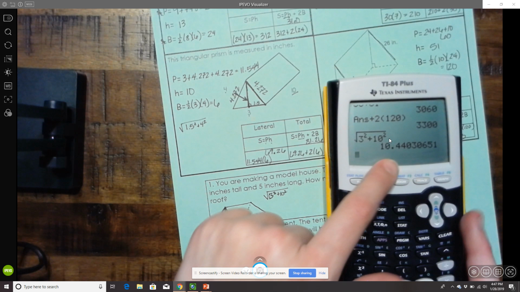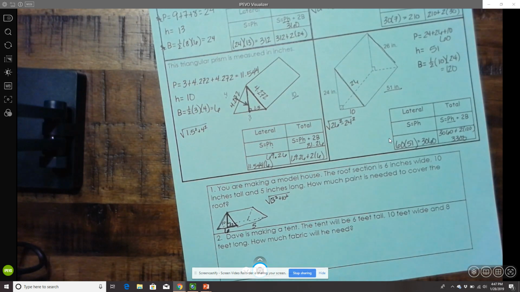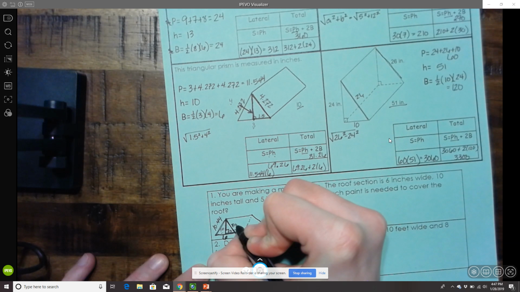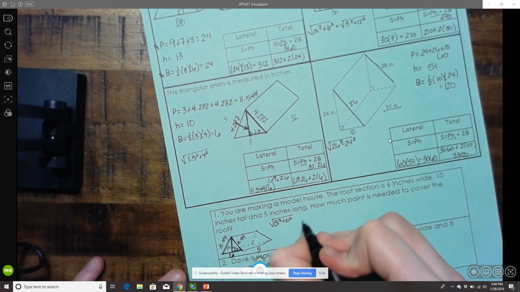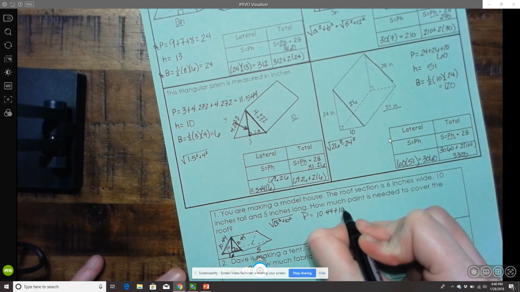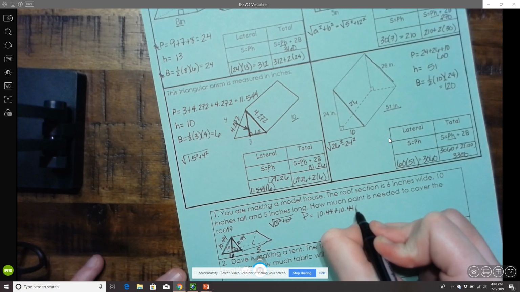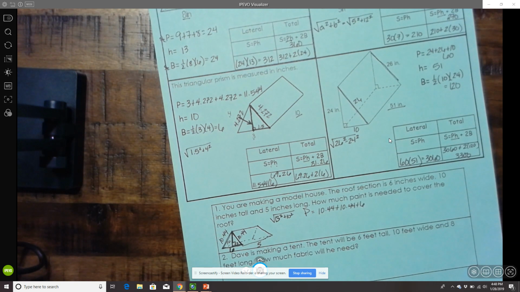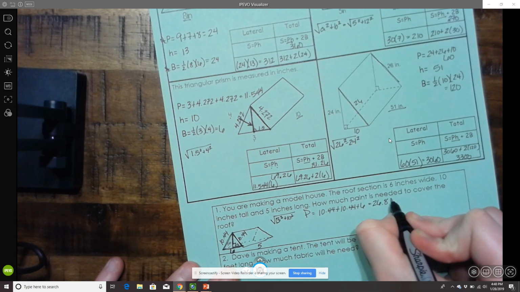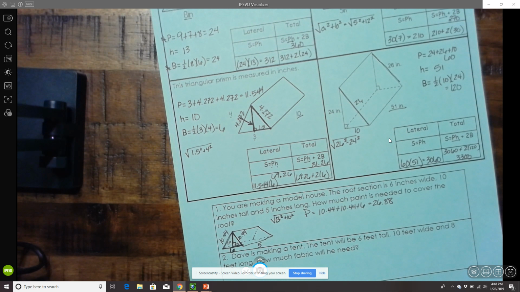And I get 10.44. So that's what these would be. So perimeter would be 10.44 plus 10.44 plus 6. And that would give me 26.88.